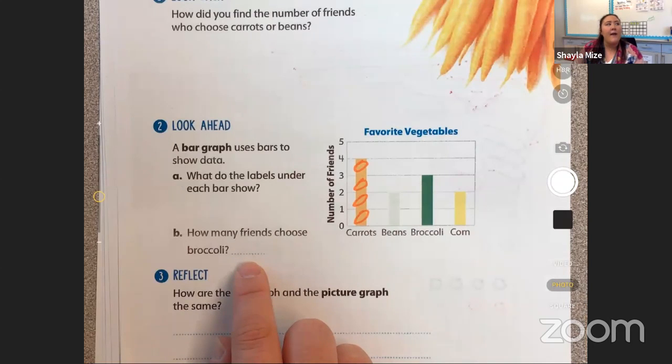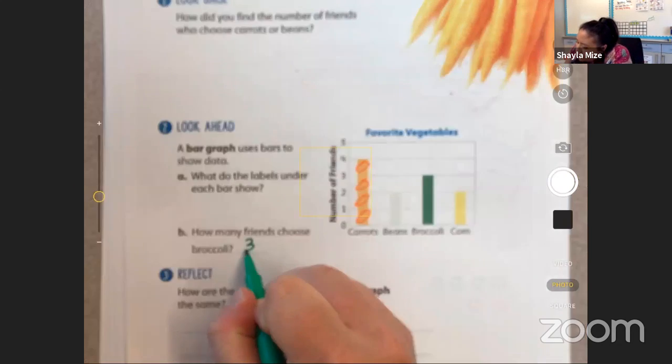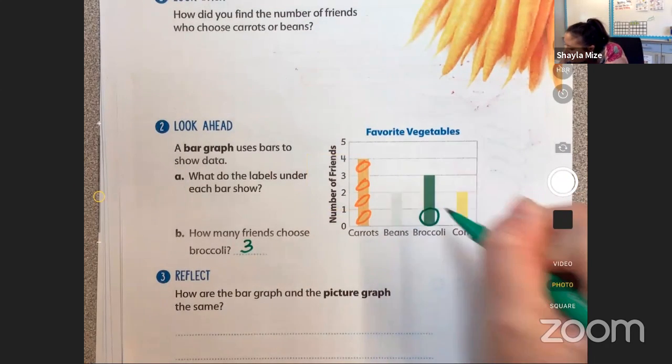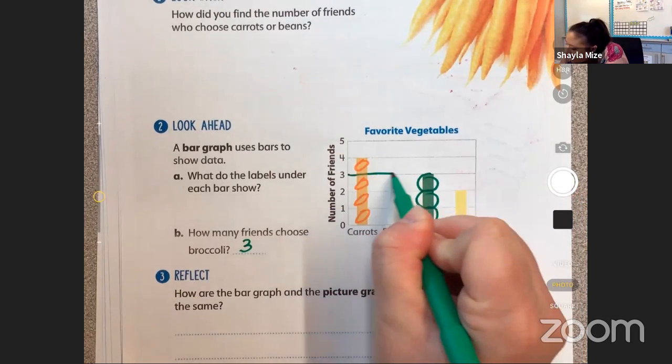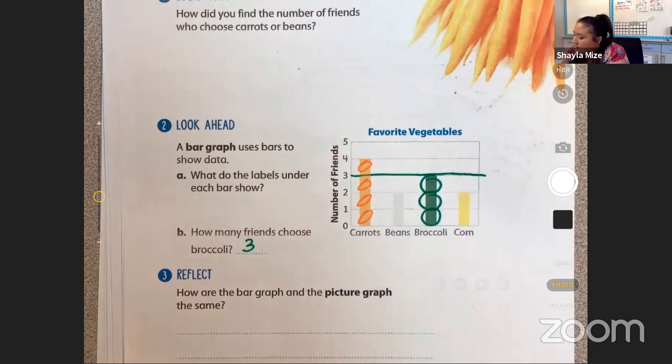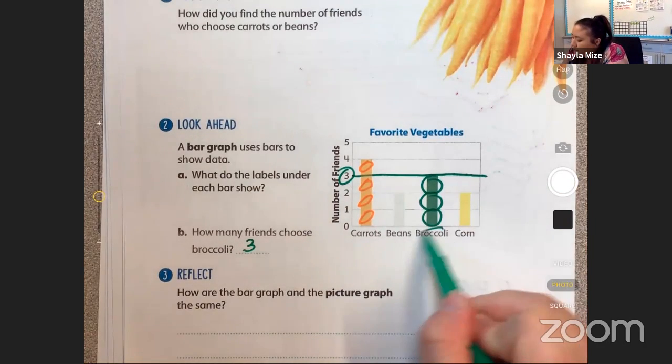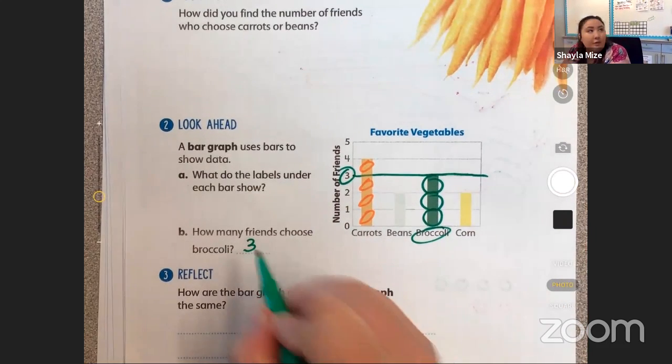Type it in the chat. Good. 3. 1, 2, 3. And you could see at the line that 3 friends chose broccoli. Okay, so you should have a 3 there.